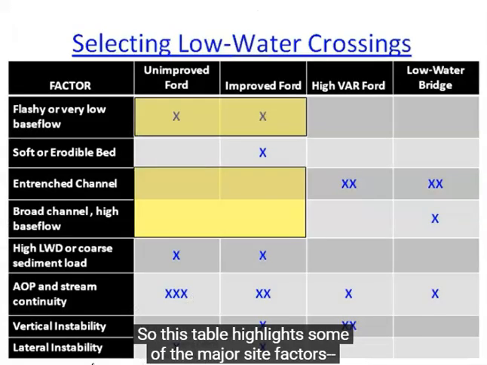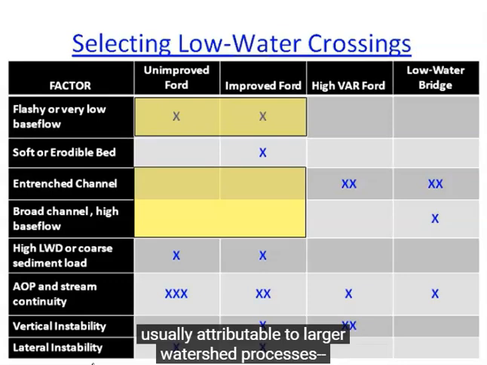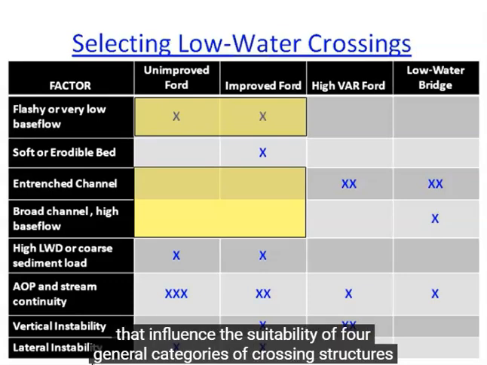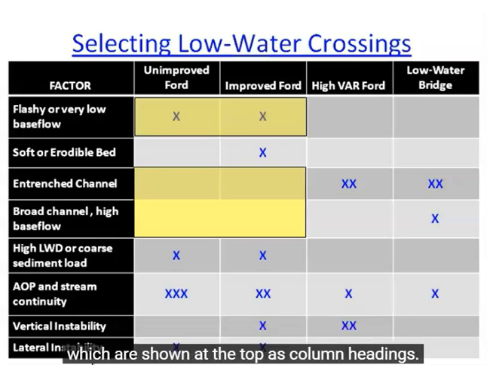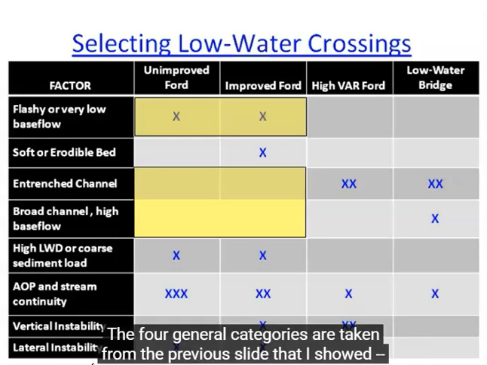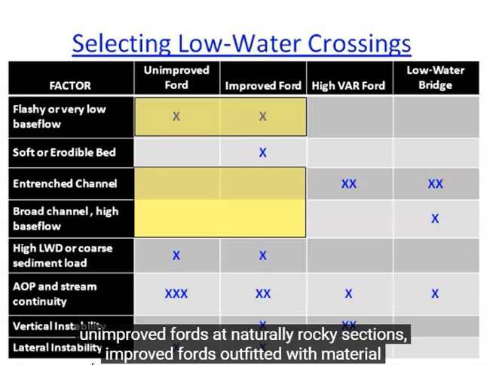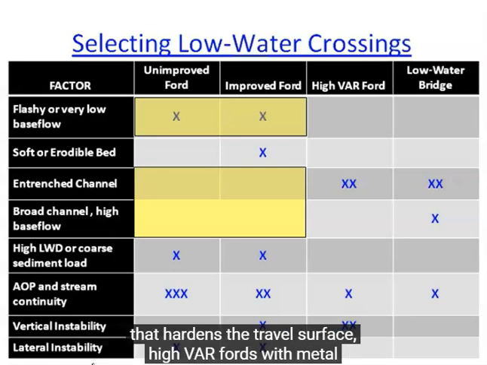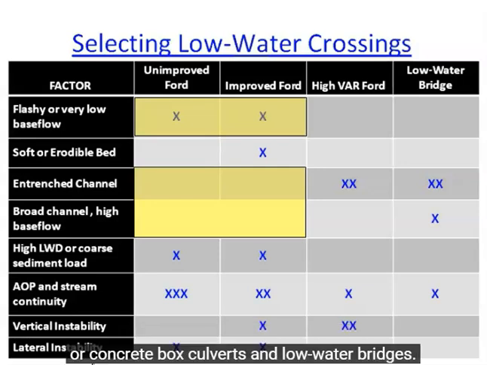So this table highlights some of the major site factors that are usually attributable to larger watershed processes that influence the suitability of 4 general categories of crossing structures, which are shown above the top as column headings. The 4 general categories are taken from the previous slide that I showed: unimproved fords at naturally rocky sections, improved fords outfitted with material that hardens the travel surface, high VAR fords with metal or concrete box culverts, and low water bridges.